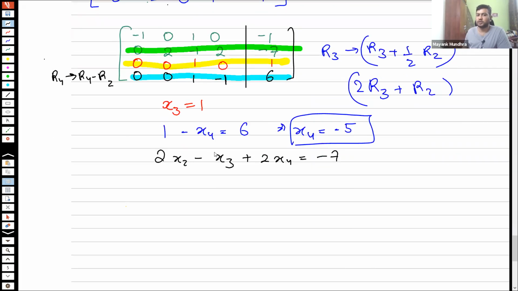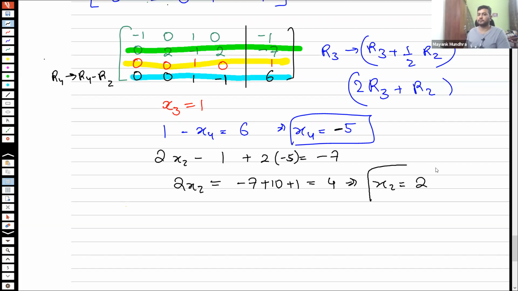Now you can substitute x3 equals 1 and x4 equals minus 5. So what you get is twice x2 equals minus 7 plus 10 plus 1. So that is 4. So x2 becomes equal to 2.